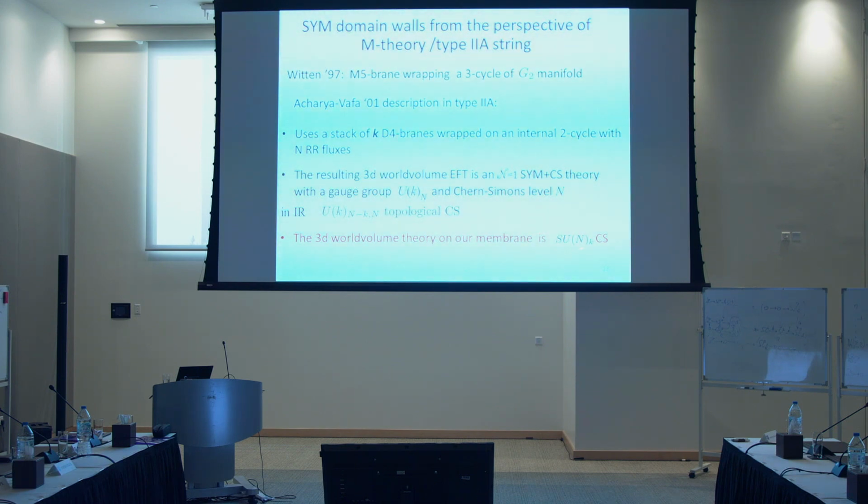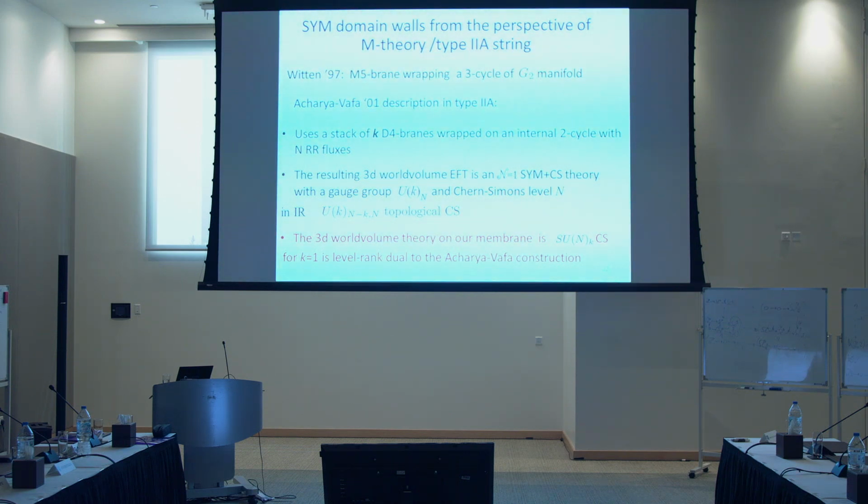but what happens is that at least for k equals 1, there is a so-called level-rank duality of three-dimensional Chern-Simons theories developed by Seiberg, Komargodski, and others.